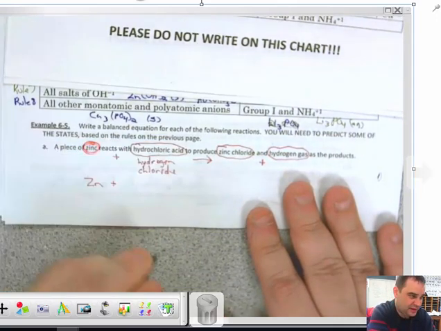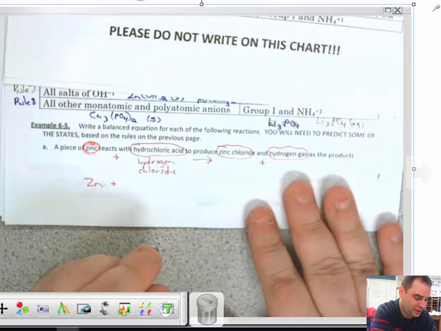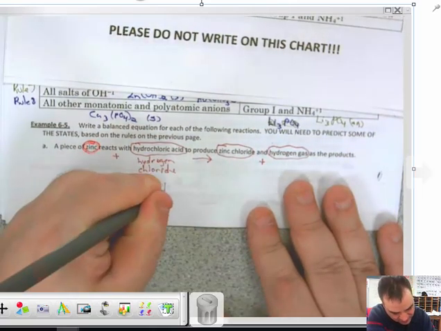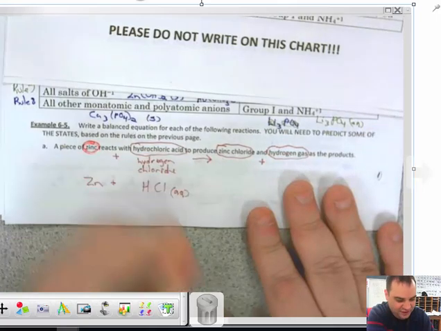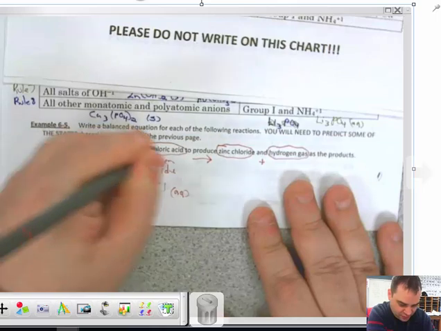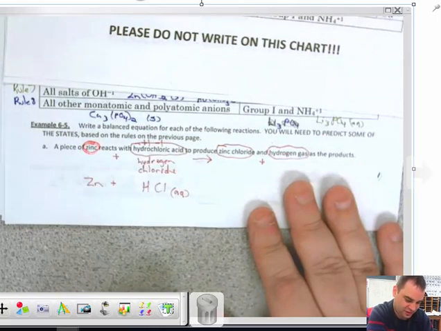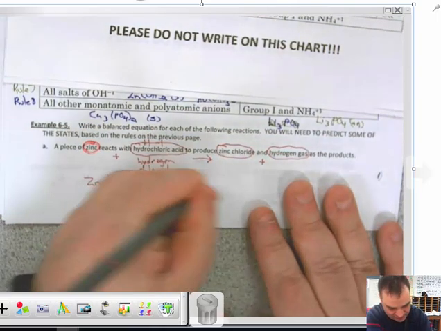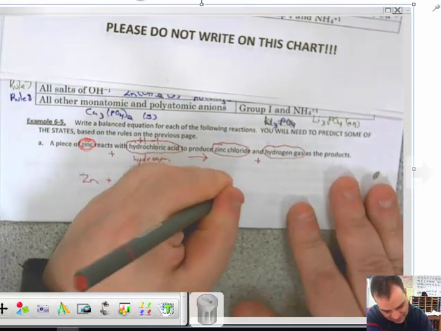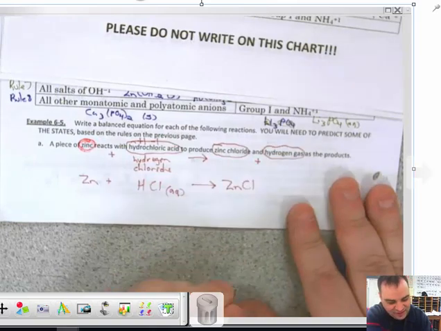Because hydro-ic came from ide. So hydrogen chloride is HCl AQ, right? Make sure you're checking the charges. +1, -1. So we're good there. To produce zinc chloride. Zinc is Zn, chloride is Cl.